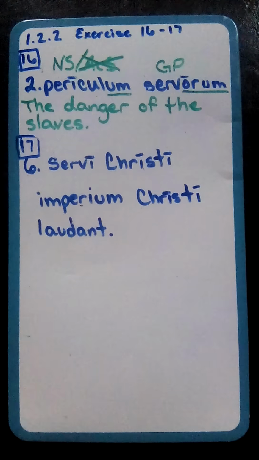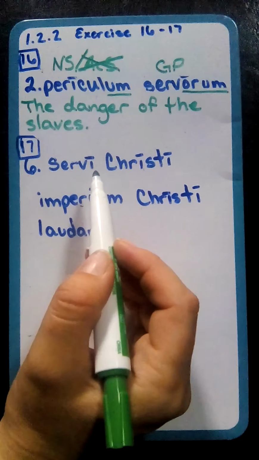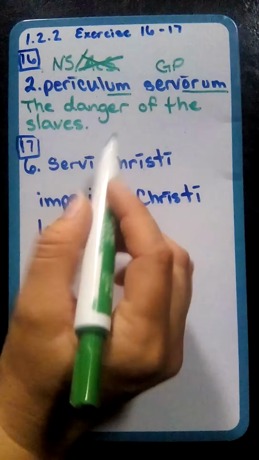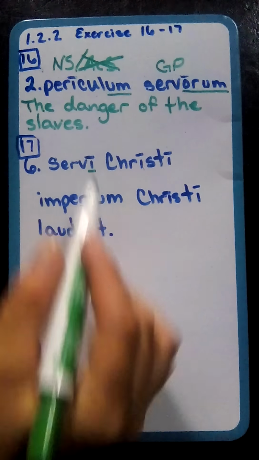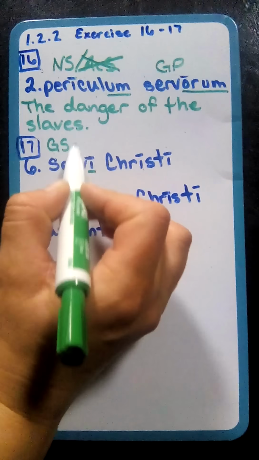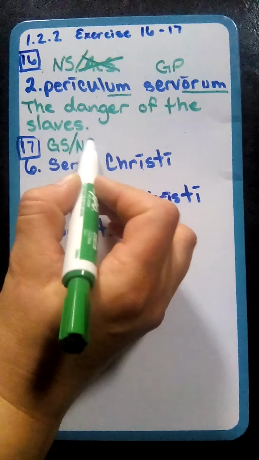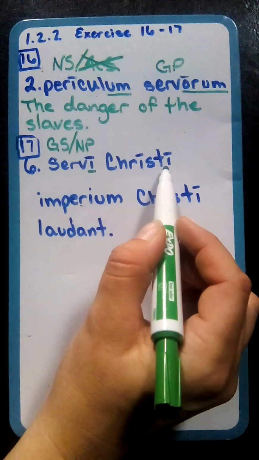Servi comes from servus, servi, and the us-i ending tells us that it is second declension masculine. We're going to look for the i in second declension masculine, and that shows up in two places, the genitive singular and the nominative plural.